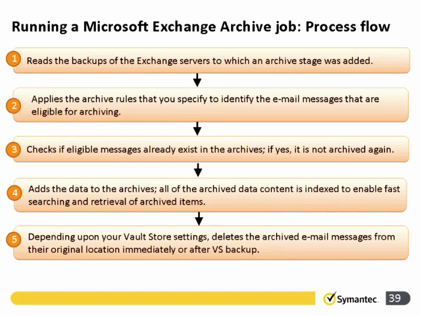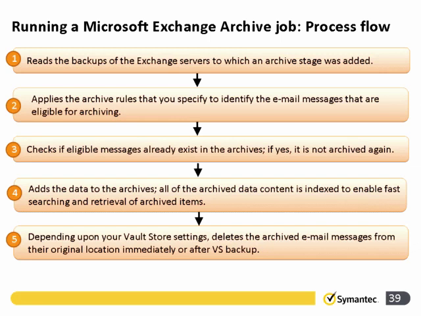To run an archiving job for Exchange, the first step is to back up the Exchange server as you would if you took archiving out of the picture. So a standard Backup Exec backup of the Exchange server, and then it will apply the archiving rules to identify the email messages that should be archived when the archiving job runs. It checks the vault to see if the eligible messages have already been archived.